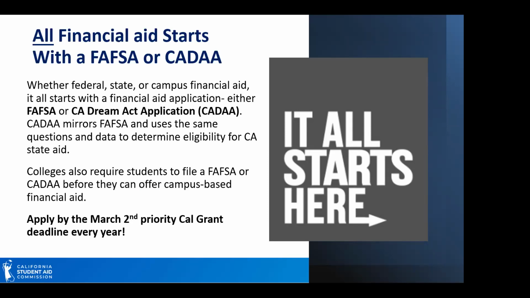And for Cal Grants, we do have a priority filing deadline, which is coming up very soon, which is March 2nd. So please apply before this date so you can maximize your financial aid opportunities.